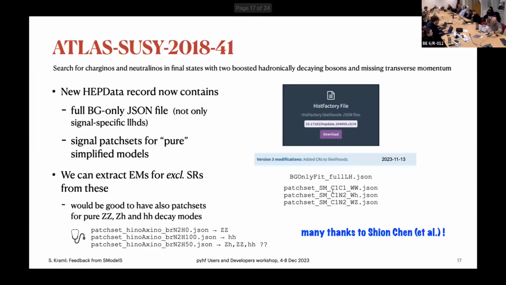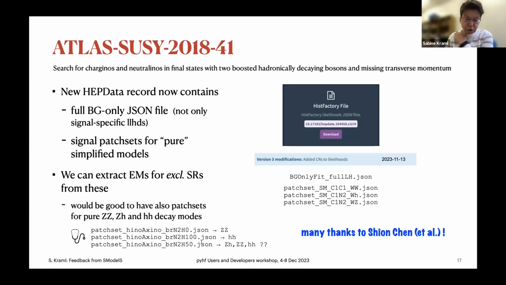A patch set with mixed branching modes, for example like here, is super difficult, if not impossible, to use. It's useful for other purposes, but for us in SModelS, it's difficult.